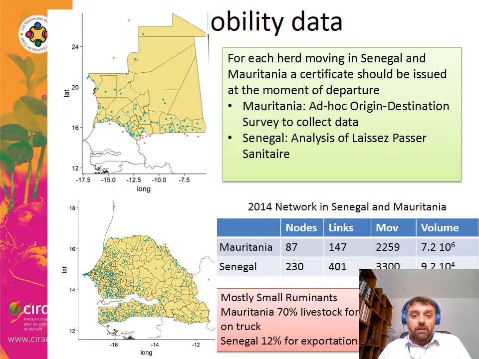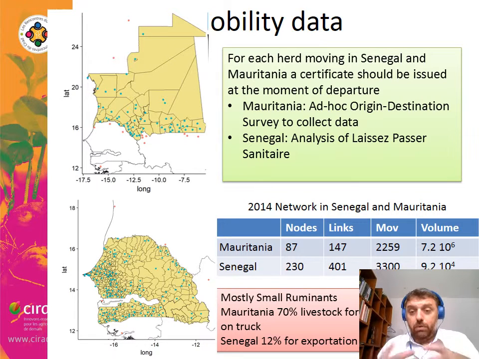We see that in the case of Senegal, as you can check on this summary table, there are a lot more localities than in Mauritania, and also many more links, many more connections between the localities. However, in terms of volume, we see that there is a huge gap between the animals that have been recorded in Mauritania and the animals that have been recorded in Senegal.